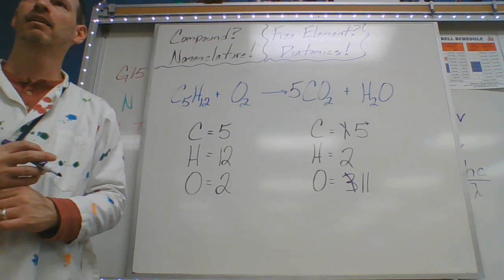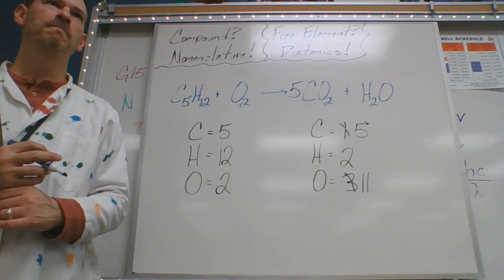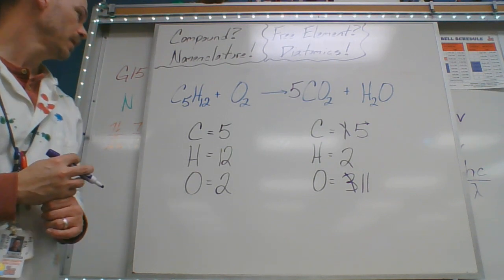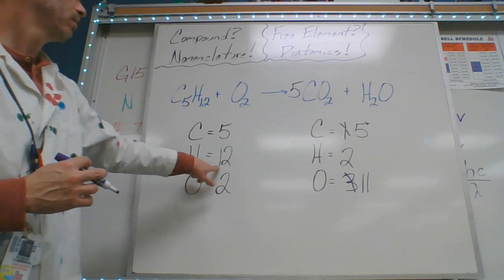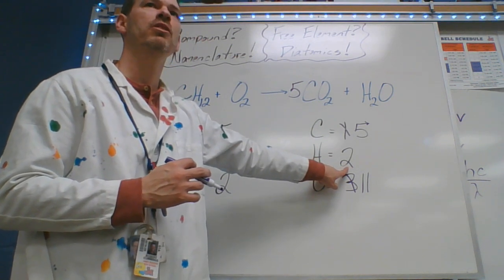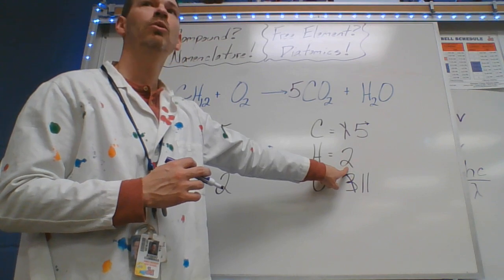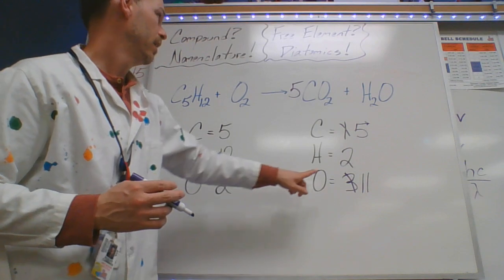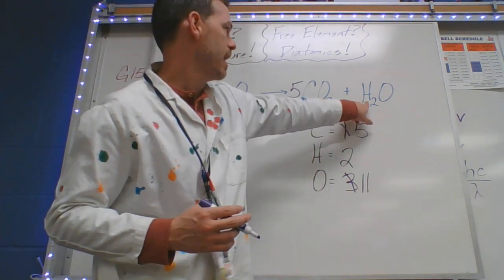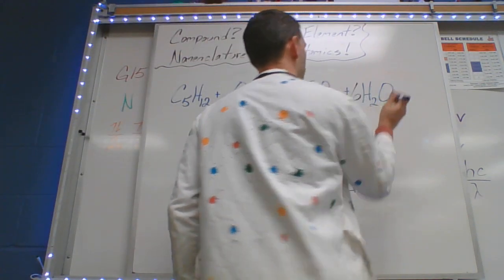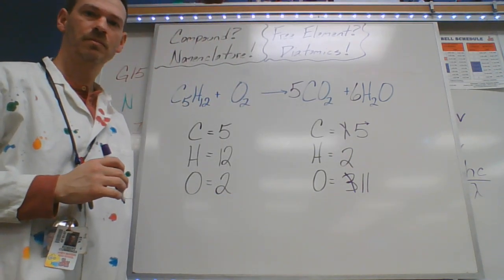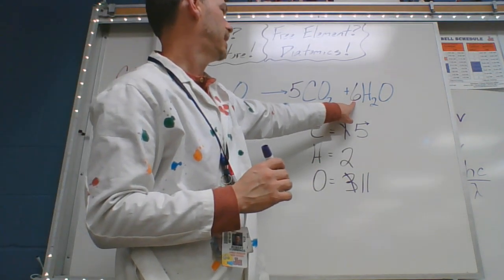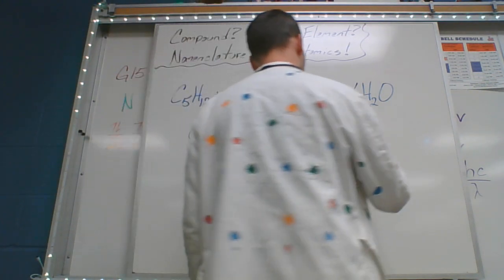Make sure you see it. Hydrogens. There's the smaller number for hydrogens. I want the 2 to become a 12. 2 times 6. So let's put this hydrogen right there, but multiply him by 6. Six times 2 is 12.